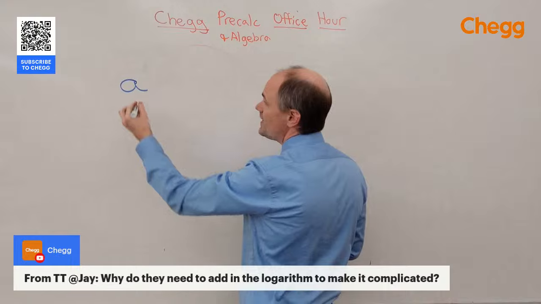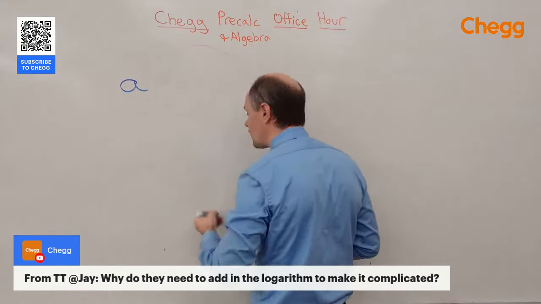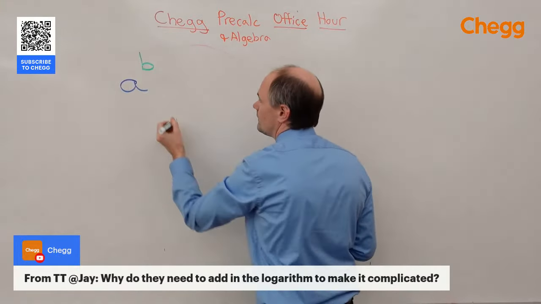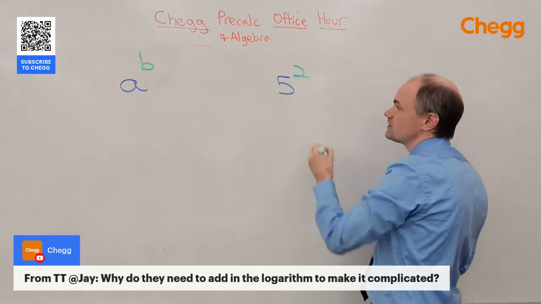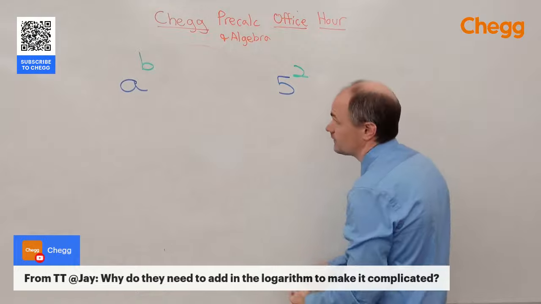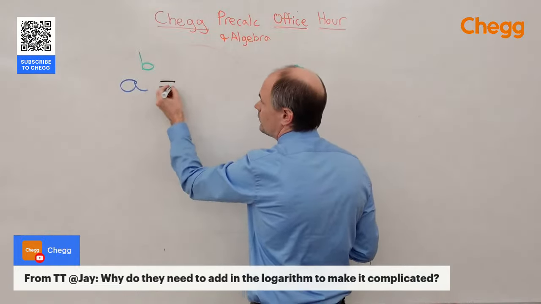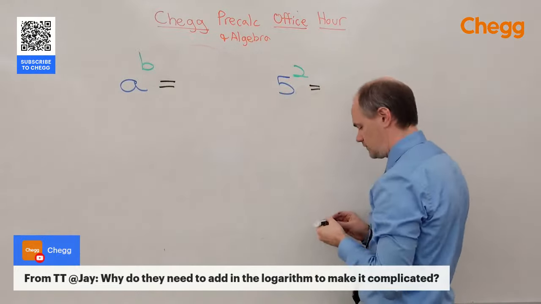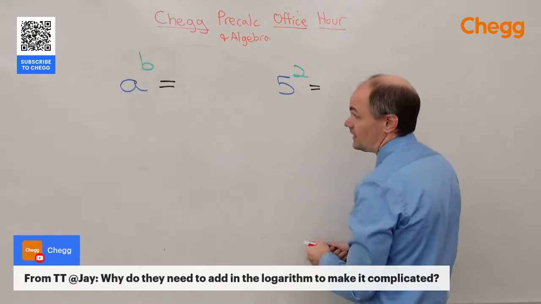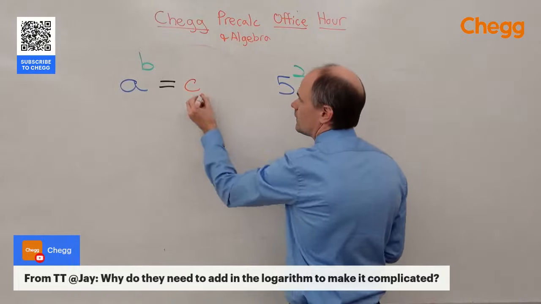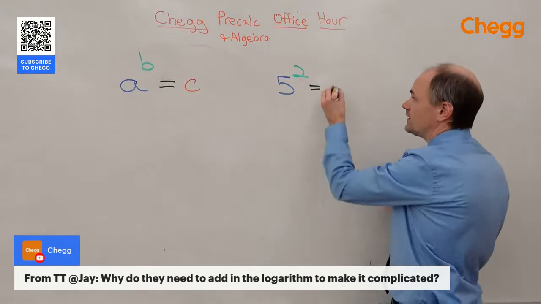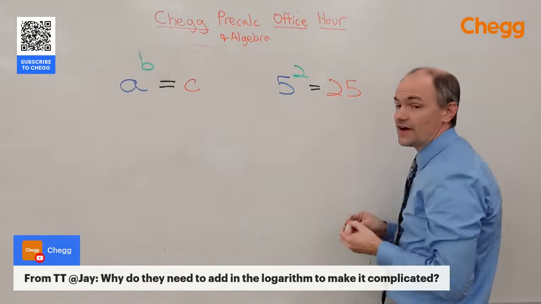And A can be raised to an exponent. Let's call that exponent B. Just like I can raise 5 to an exponent. We'll call that exponent 2. This is going to be equal to some number. We'll call it C. Well, in this case, 5 squared is 25.